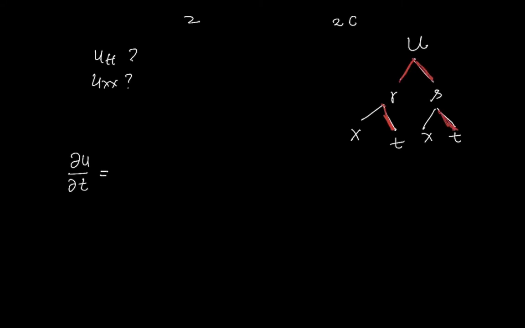So by chain rule, this will be the partial derivative of u with respect to r and the derivative of r with respect to t, plus the partial derivative of u with respect to s and the derivative of s with respect to t. That will be partial.